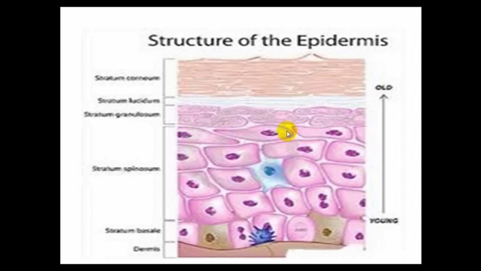So the cytoplasm of this type of cell contains both keratohyalin and tonofilaments, and when they unite or combine, that makes a structure called tonofibrils.